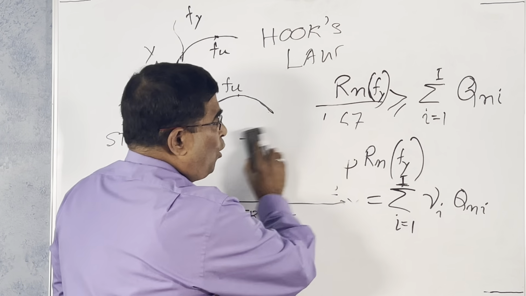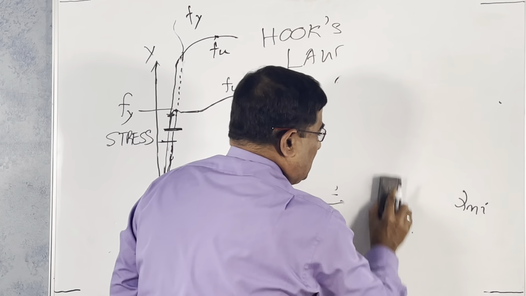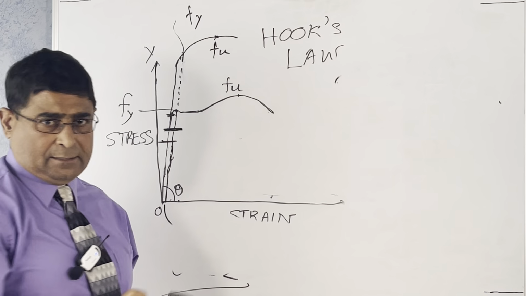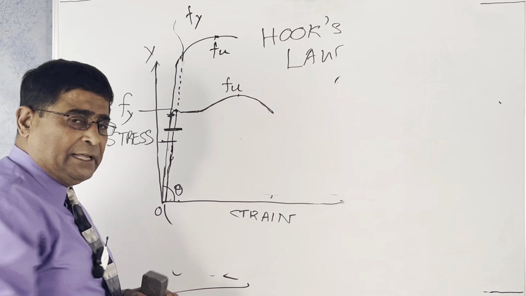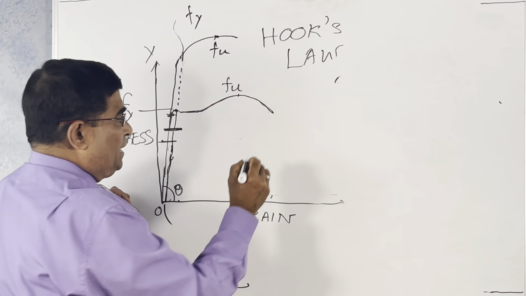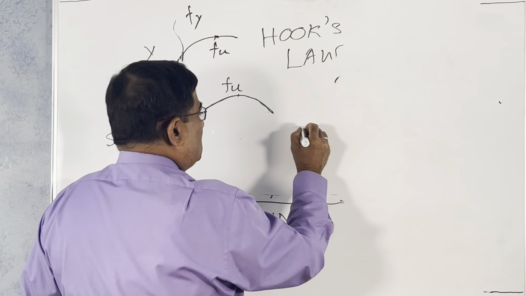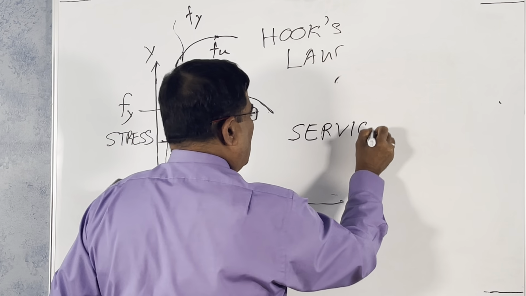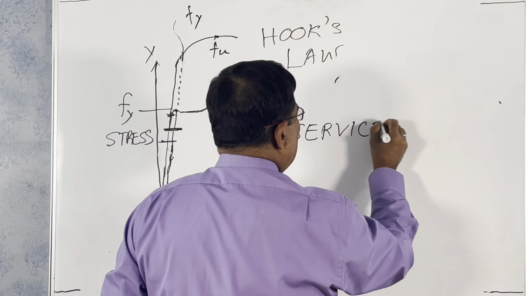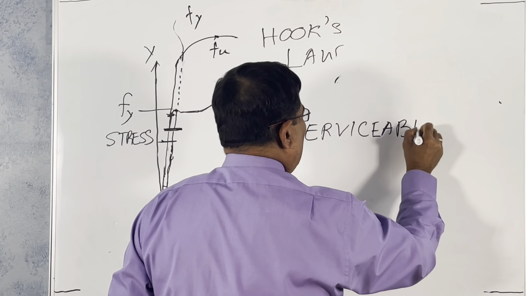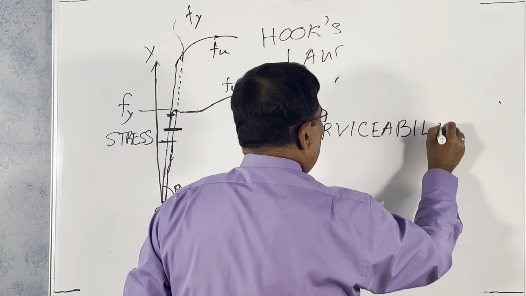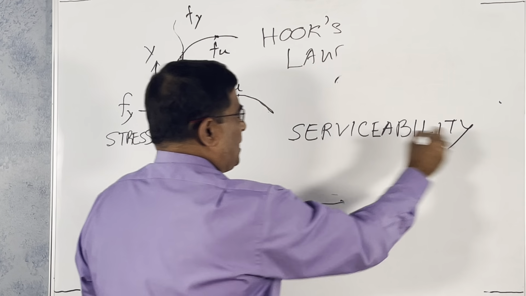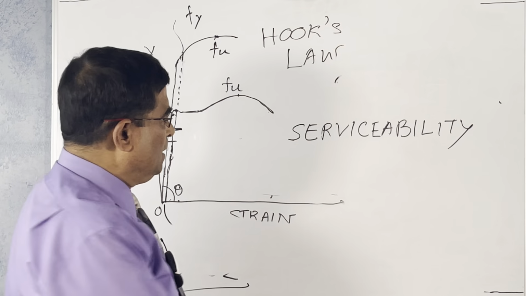Second, you know that we have another limit state. This is the force limit state that I have discussed right now. Another limit state is your serviceability. This is the serviceability limit state.